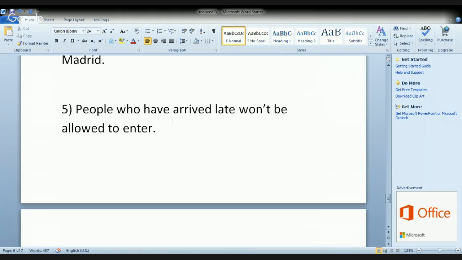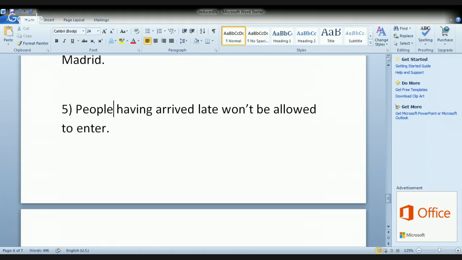Okay. So this is the original relative clause, and so what we need to do is take out that slash as well. Oops. People having arrived late won't be able to enter. So again, we've taken out the relative clause who and then changed the main verb have into the ing form, the present participle.